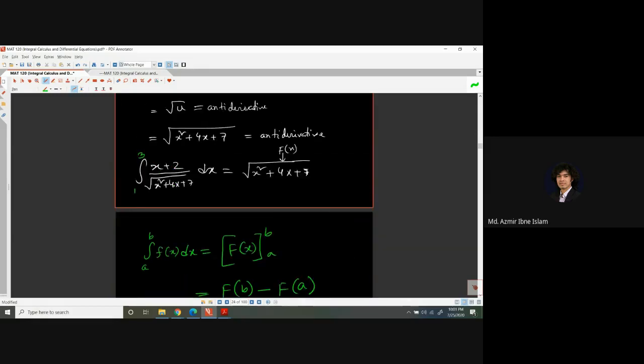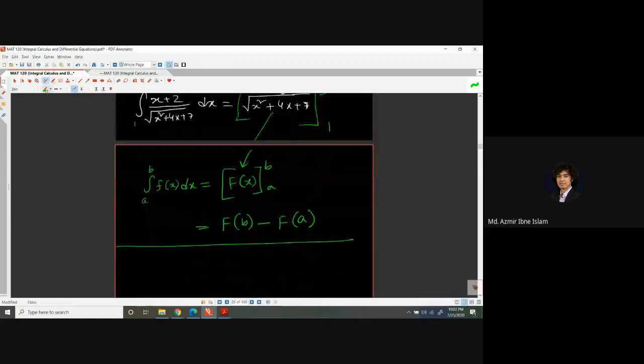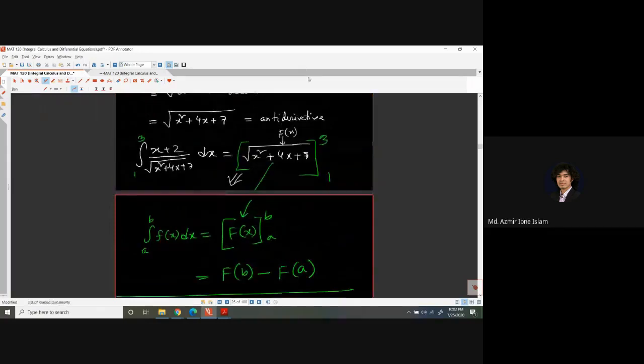So before applying the fundamental theorem of calculus, what we have done, we have solved the indefinite integral and we have found the antiderivative. That means this is F of x. Okay, so with upper limit 3, lower limit 1. So what we can do now, from this part we can apply the upper limit where we have x terms, again negative, lower limit 1 where we have the x term.